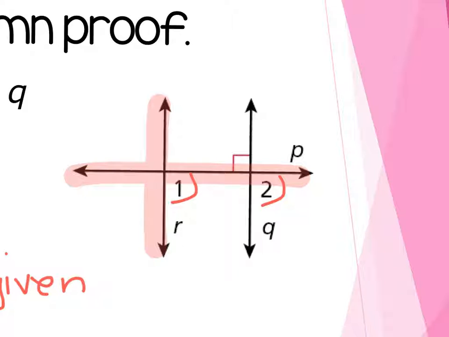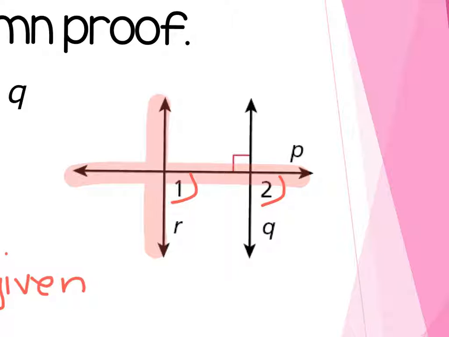And if they are congruent, what's true about the lines R and Q? They're parallel. Good. So if 1 and 2 are congruent, then R is parallel to Q. And if P is perpendicular to Q, and those two lines are parallel, then P also has to be perpendicular to R, okay? Because if one of two parallel lines are perpendicular to the transversal, then the other line is perpendicular as well.